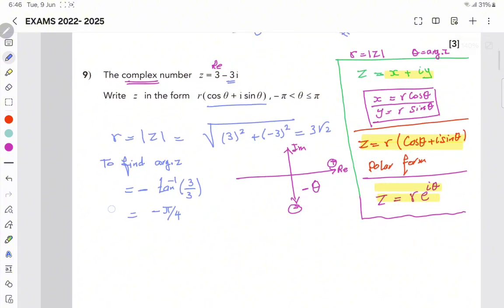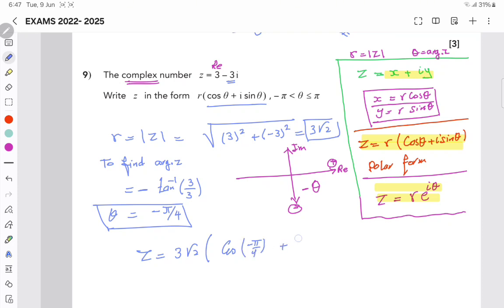Now I have theta and I have r. So z in polar form is equal to, substitute r, 3 root of 2, substitute theta, cosine negative pi over 4 plus i sine negative pi over 4. But you need to notice that if the angle is negative, the sign in the middle will change, because sine of negative theta equals negative sine theta, but cosine of negative theta equals positive cosine.